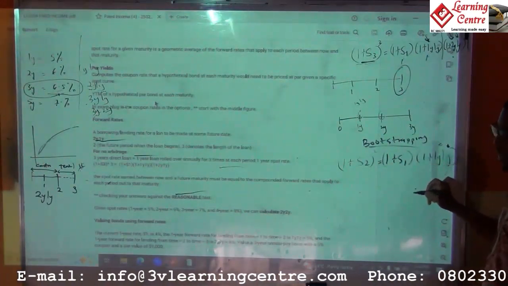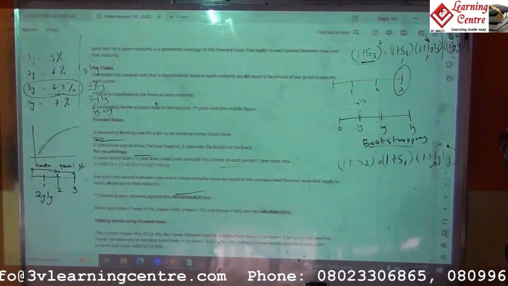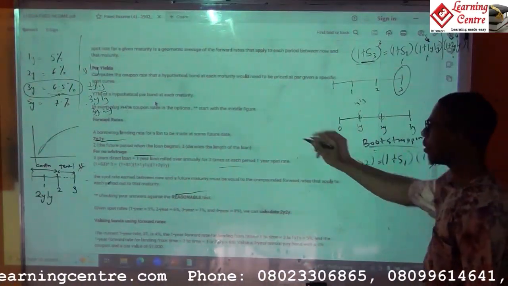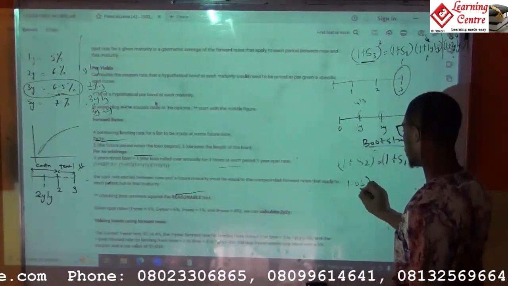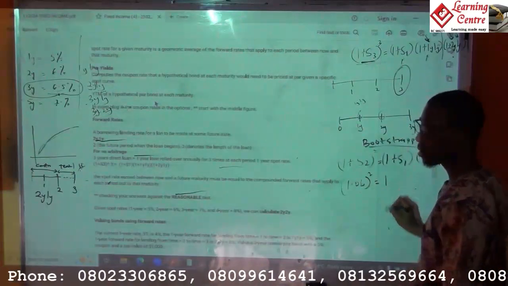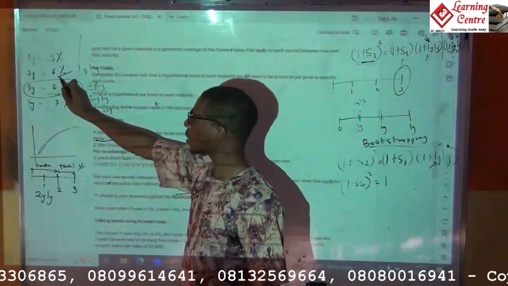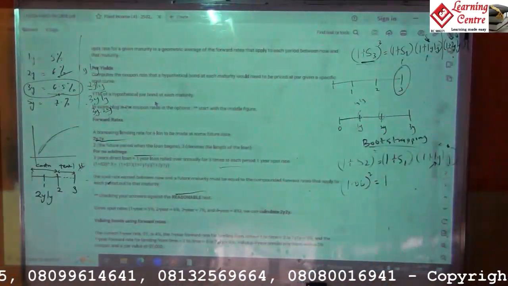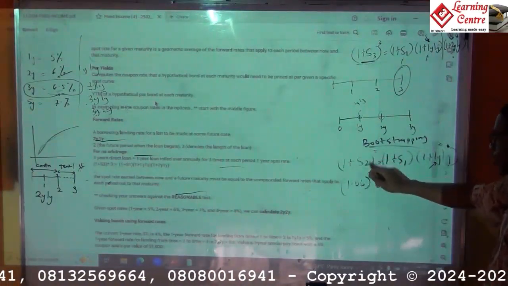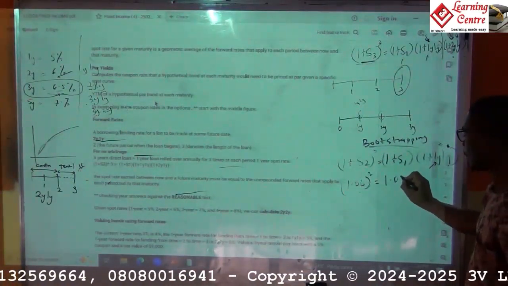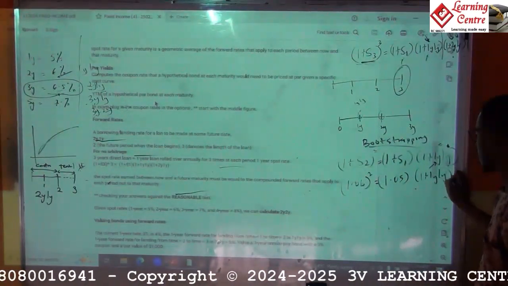To calculate the rate that will clear the market as the 1 year, 1 year forward rate: I know the 2-year spot is 1.06 squared, 6%, and the 1-year spot is 1.05. We put this as 1 plus 1y, 1y.